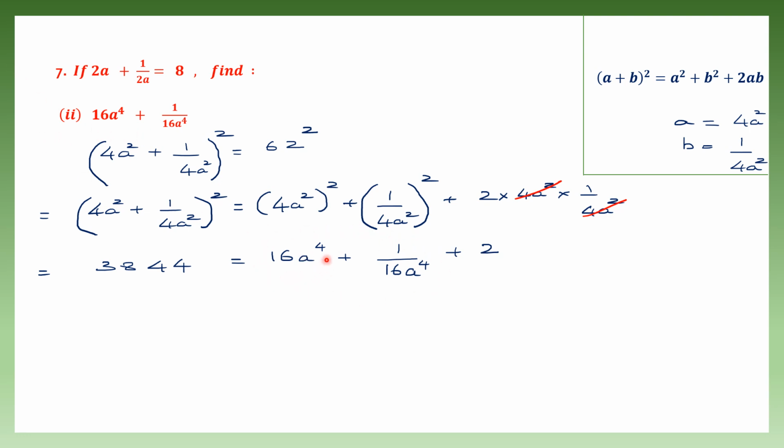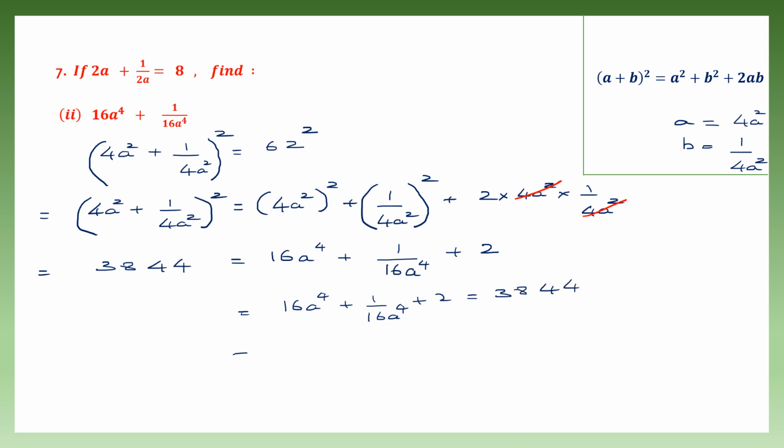That is 16a to the power of 4 plus 1 by 16a to the power of 4. So this is 16a to the power of 4 plus 1 by 16a to the power of 4 plus 2 is equal to 3844.